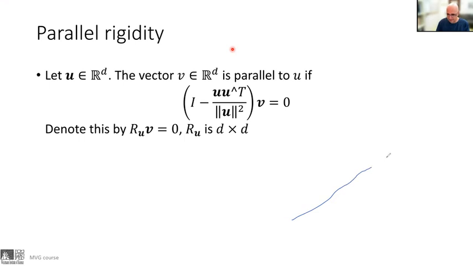This is u, and this is v. How do we project v onto u? The inner product will give you the distance here, and you need to take that distance and multiply by u. That will give you the projection of v onto u. And this is exactly what this part does. So you take u transpose, multiply by v, and that gives you this distance.